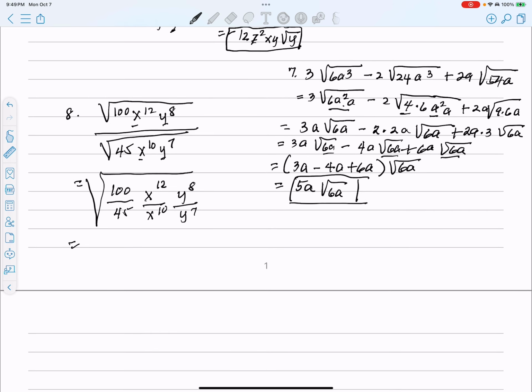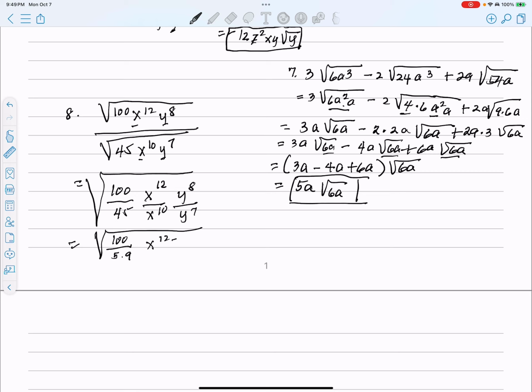100 divided by 45. What is common between them? I think I could factor out the 45 by 5 times 9, right? And the x, I could subtract, because this is division, you subtract the exponent.